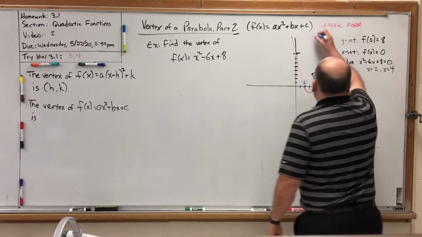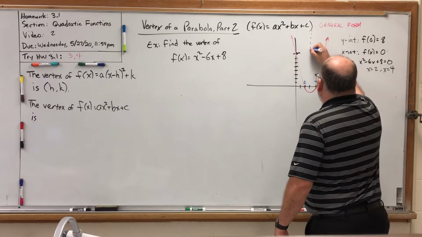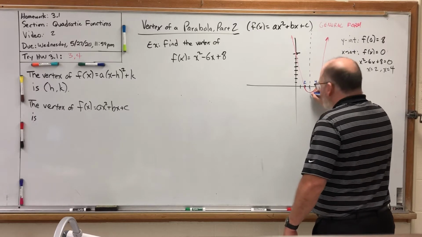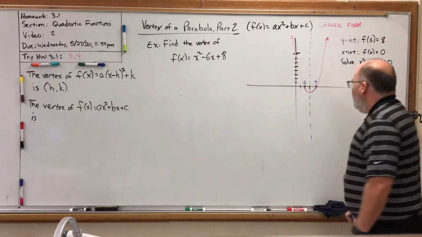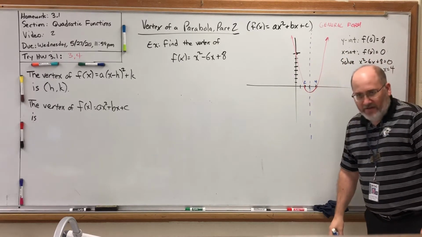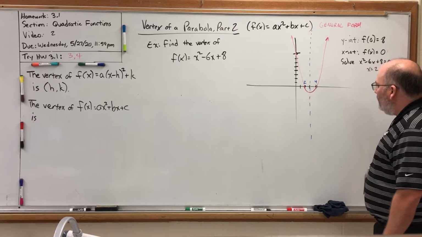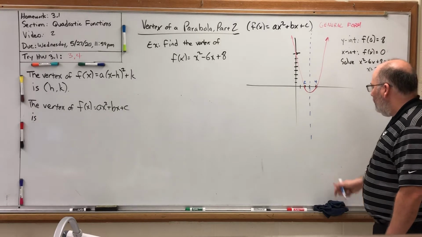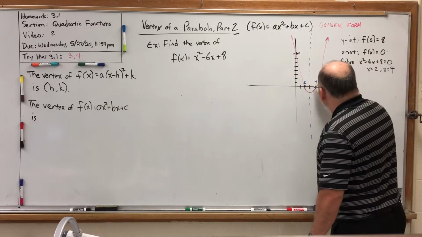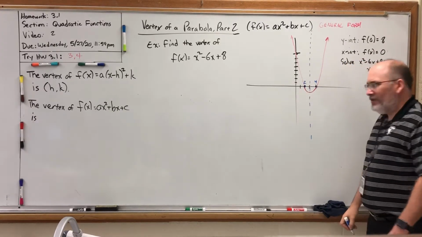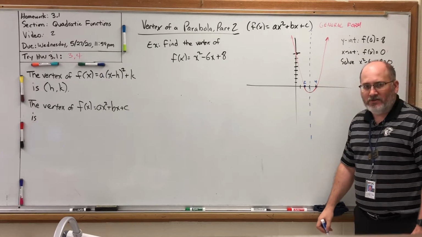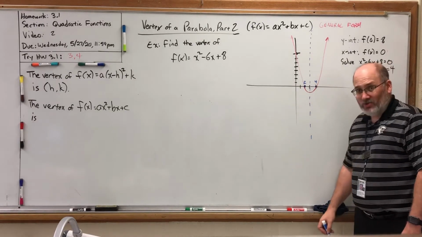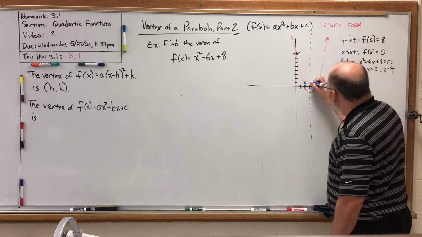You can drop a line straight down the middle of it, which would go through the vertex. And the left half is a mirror image of the right half. So, if the vertex is right down the middle, and the intercepts are at 2 and 4, what do you think the x-coordinate of the vertex is? It looks like it's 3, and you would be right.